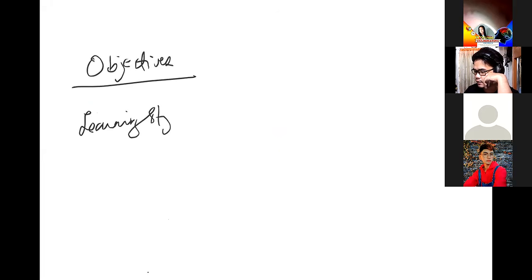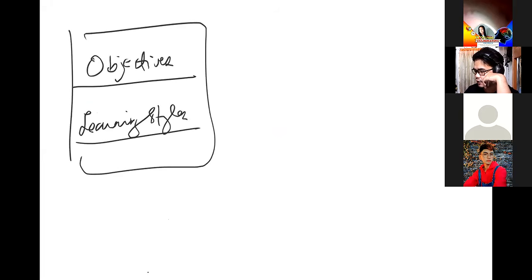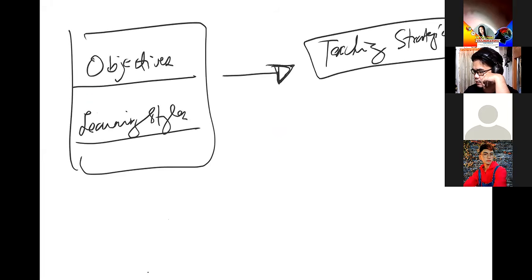The teacher has to be mindful of the objectives. But at the same time, the teacher must also be mindful of the learning styles of the learners. These two right here are factors affecting our choices of teaching strategies and the selection of learning resources.